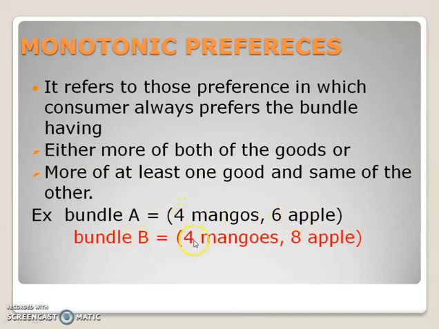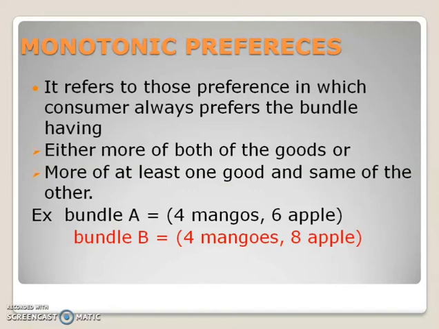Bundle B gives 4 mangoes and 8 apples. From among these bundles, which bundle would you prefer to choose? Definitely it is bundle B because of monotonic preference.